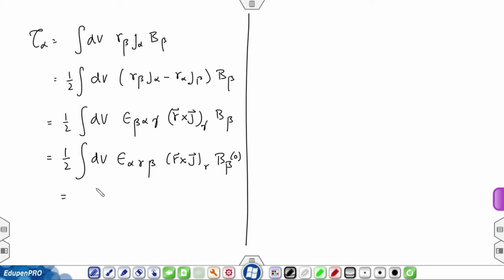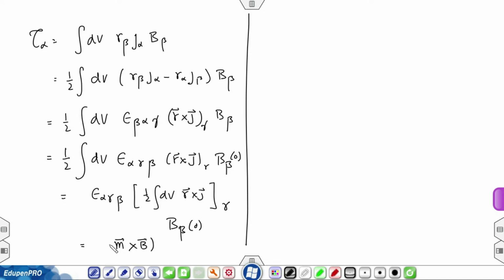which is nothing but epsilon alpha gamma beta 1/2 integration dV (r cross j) gamma component B beta component 0, which is nothing but (m cross B) alpha component, where m equals 1/2 integration r cross j dV.